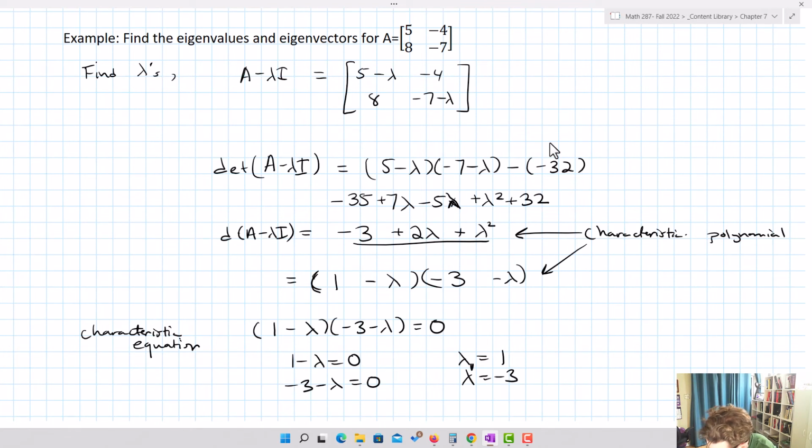So lambda 1 equals 1 and lambda 2 equals -3, and these are the eigenvalues for A. So we first solve for the eigenvalues by solving the characteristic equation, basically the determinant of A minus lambda I equals 0. That's how we go about doing that.